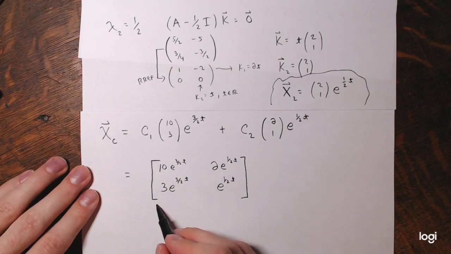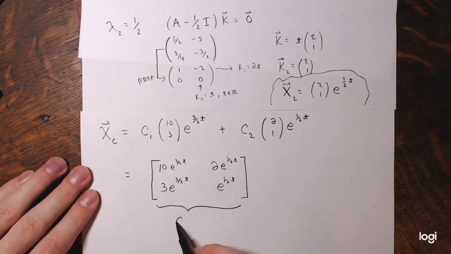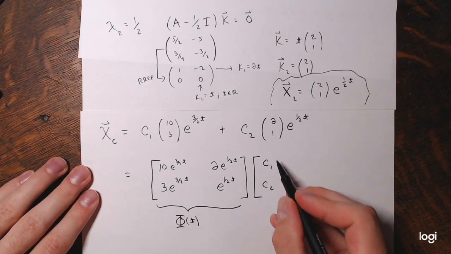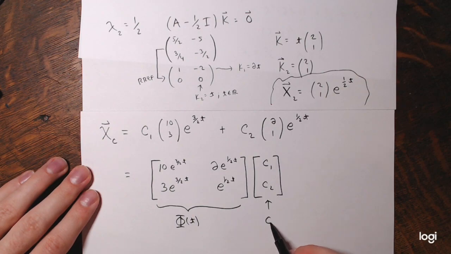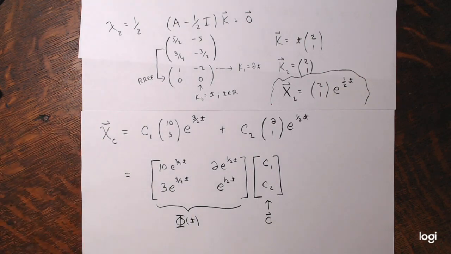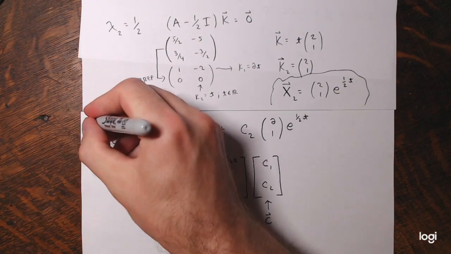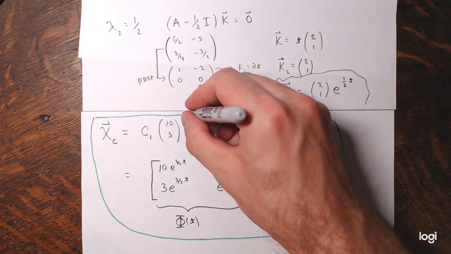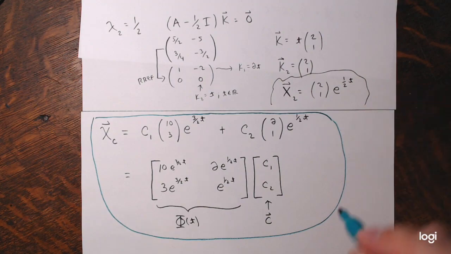And this is the fundamental matrix, phi of t, times the constants C1, C2. This is just that vector of constants, which I called capital C before. All right, so I'll put this in a nice colorful box because I know this is going to be a huge part of the general solution to the non-homogeneous system.